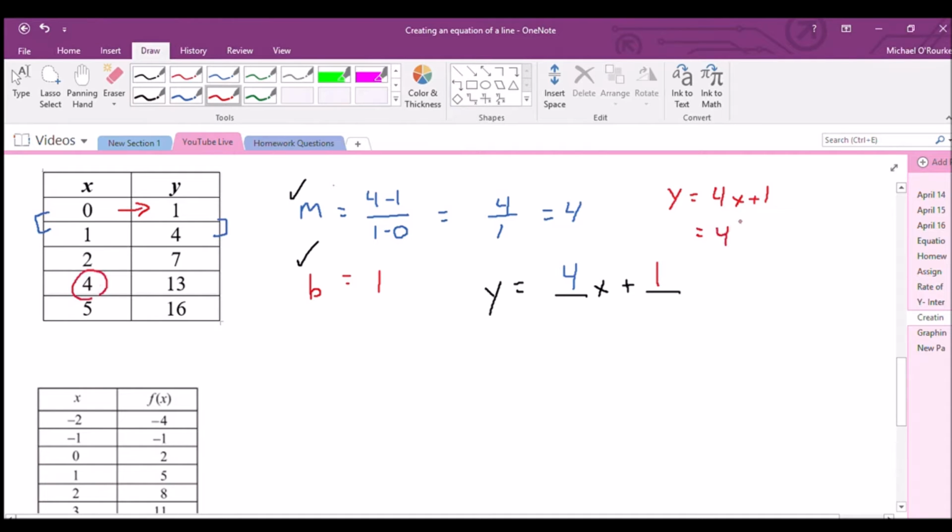So 4 times 4 plus 1 equals 16 plus 1, which equals 17. What is going on here? 4x plus 1 is my equation.